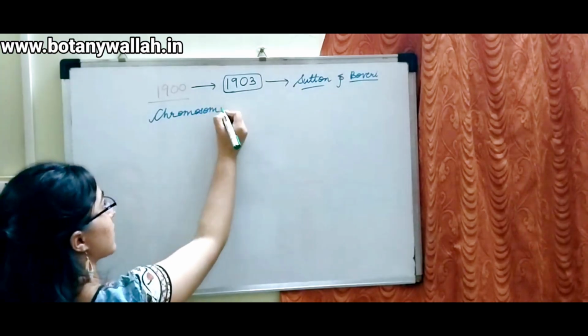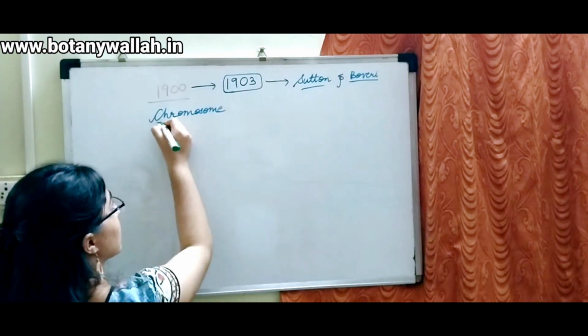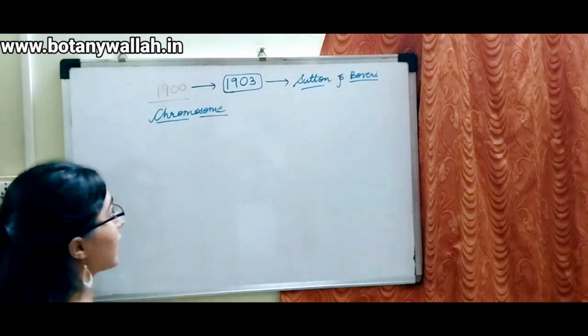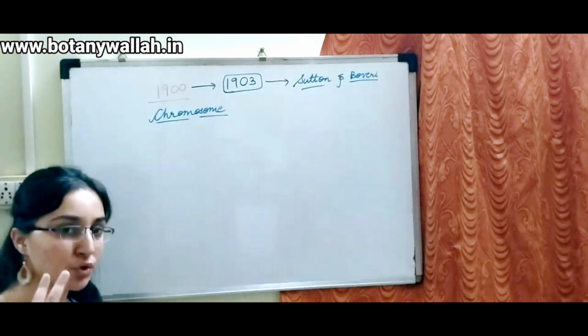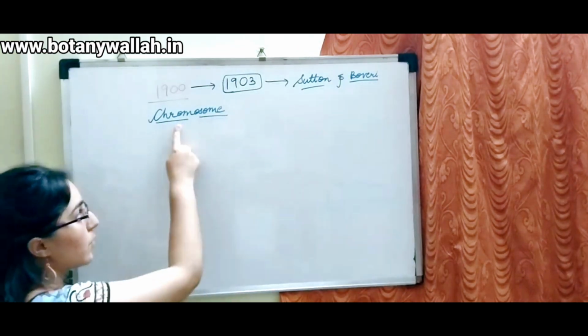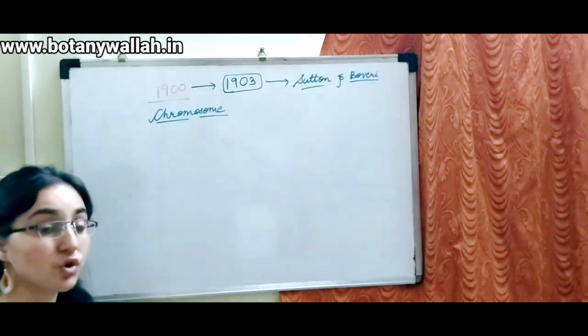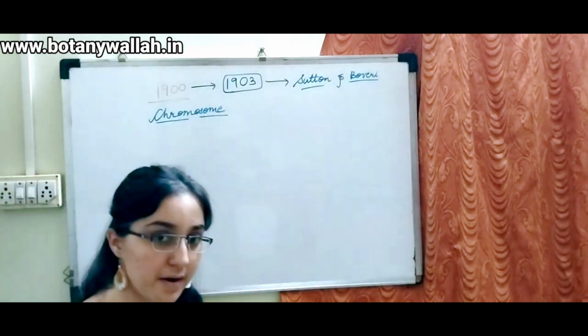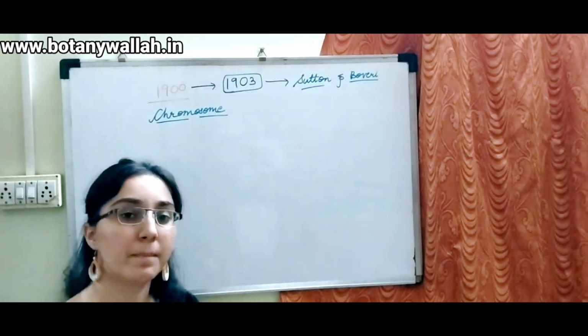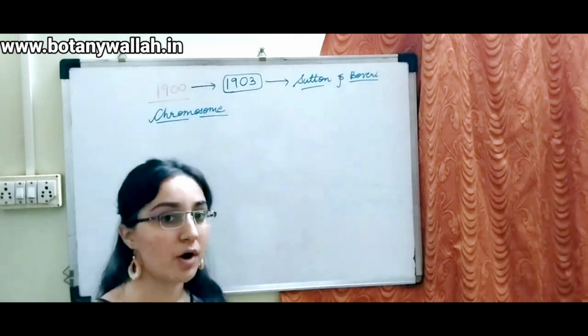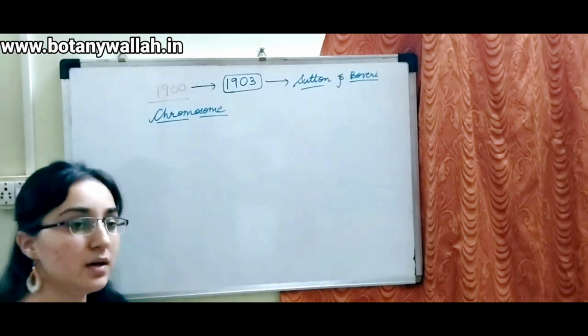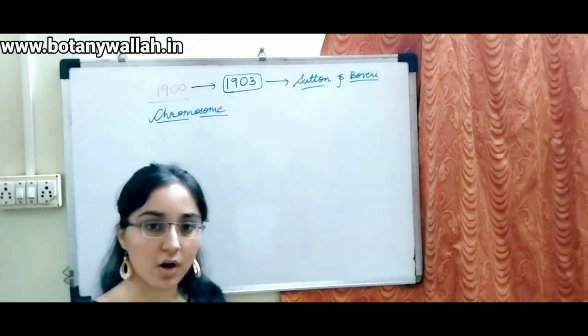Chromosome: we can break it into two words, chromo and some. Chromo means colored and some means body. So colored body, this is the etymology of this word.